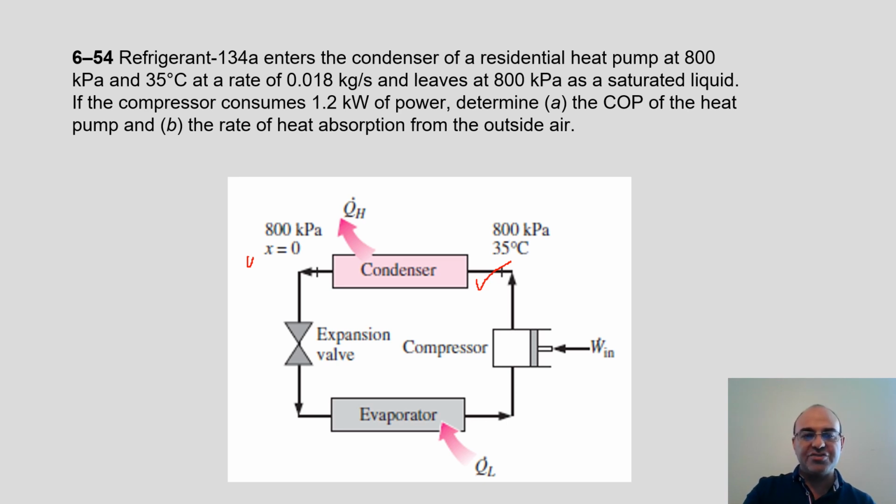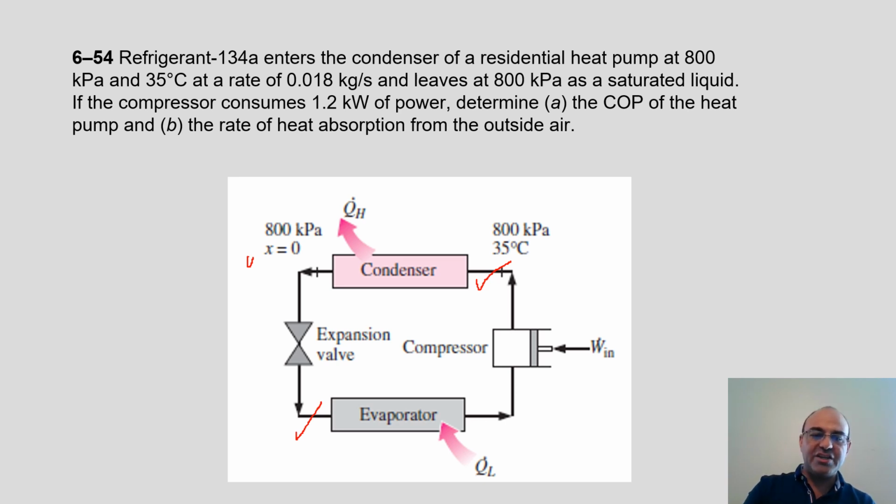Then the saturated liquid enters an expansion valve, or a coil of capillary tubes, and the idea is to reduce the pressure, to break down the pressure. As it passes through the expansion valve, the pressure drops, but at the exit it's still liquid, still saturated liquid or very close to it.